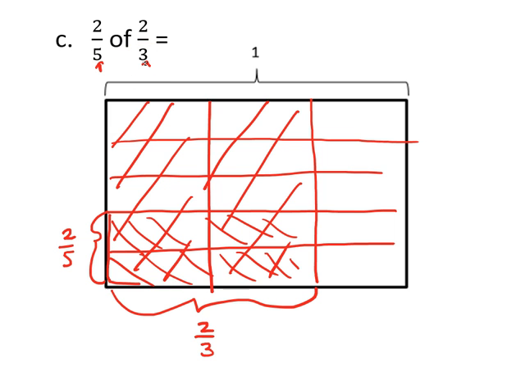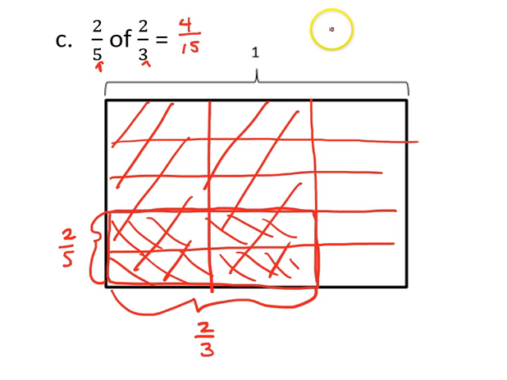And that means these 4 pieces represent the answer for 2/5 of 2/3. I can see I have 4 pieces out of the 15 pieces that make up the whole. So 2/5 of 2/3 equals 4/15.